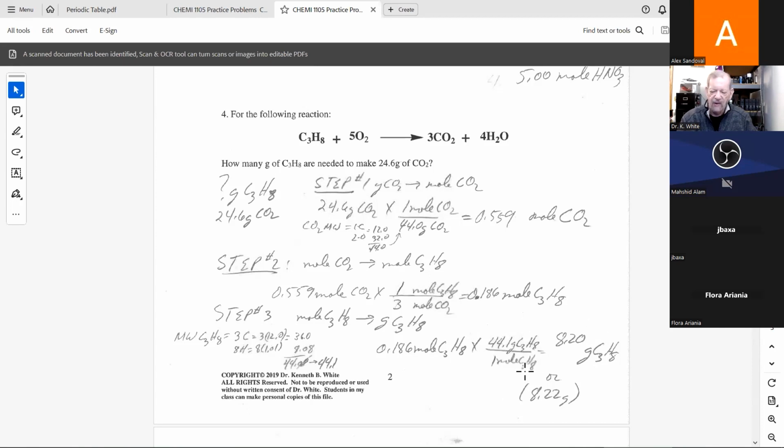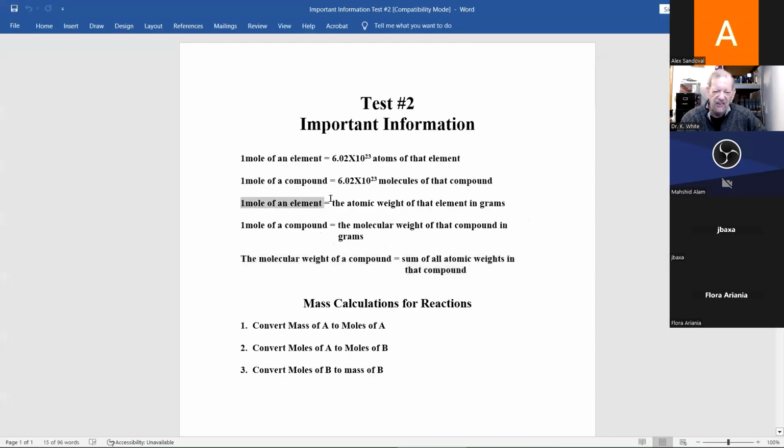So where do we get a relationship of moles of a compound to grams of a compound? Yep, you are right. Important information, test number 2: 1 mole of a compound equals the molecular weight of that compound in grams.